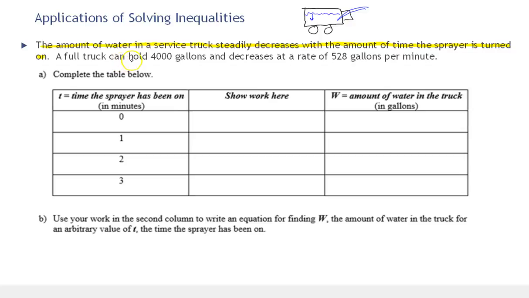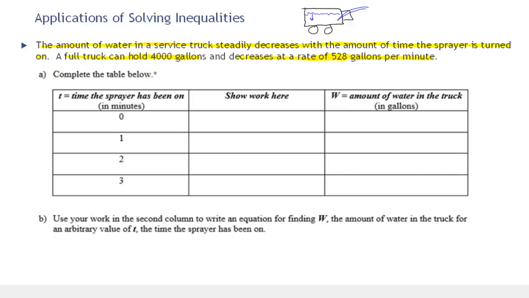A full truck can hold 4,000 gallons and decreases at a rate of 528 gallons per minute. So the initial amount of water is 4,000, and as the sprayer is turned on, for every minute, it loses 528 gallons of water. So now we're asked to complete the table below.